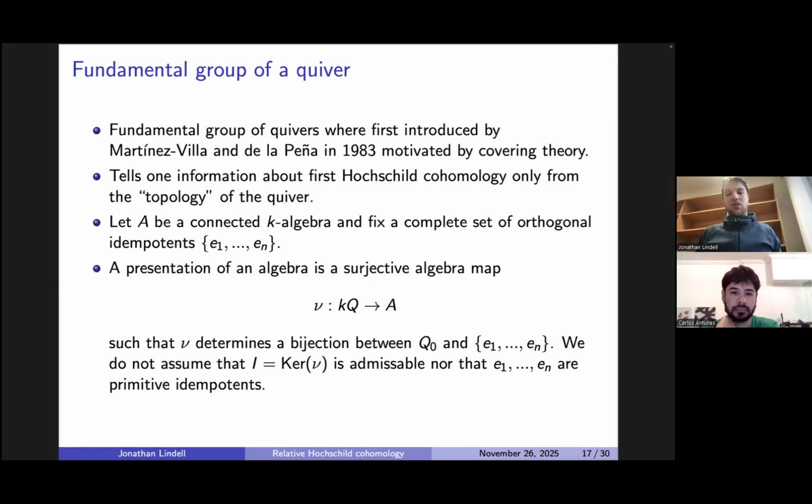And to get more general presentations, we do not assume in general that the kernel I is admissible, nor that the idempotents need to necessarily be primitive.